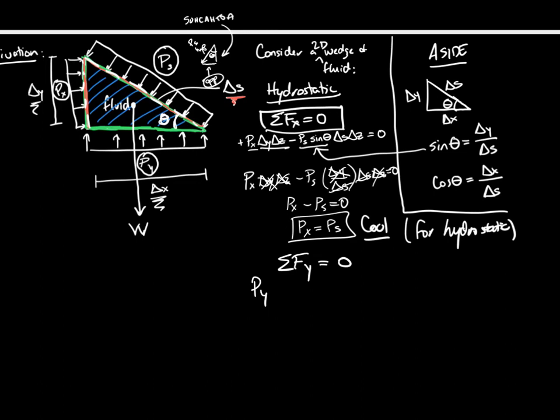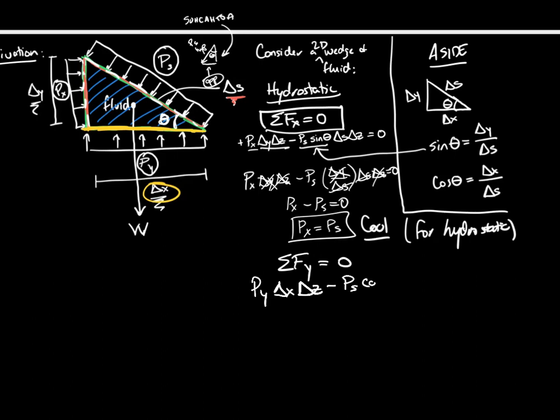Let's get yellow. We're on this face right here, so py times the area of that face. The area of that face is delta x times whatever the dimension is into and out of the board, which is delta z. So delta x, delta z, minus, because the ps term is now acting downwards, so it gets a negative sign.